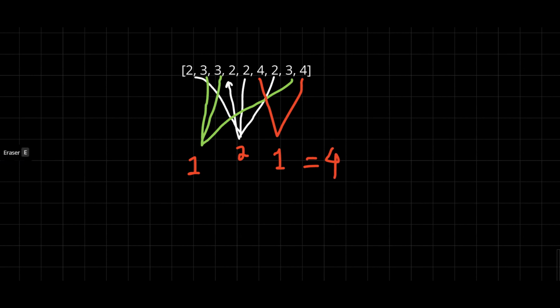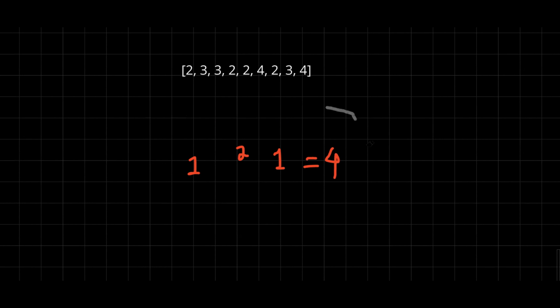Now, at first, let's try to understand in which case we cannot make the array empty. There is only one case in which we cannot make the array empty: if any of the elements in the array has a frequency of 1.